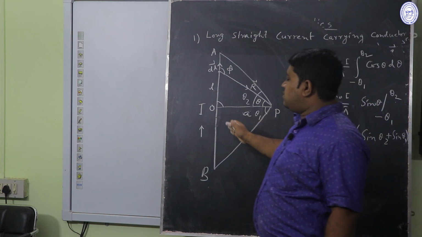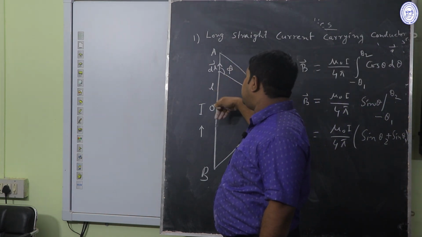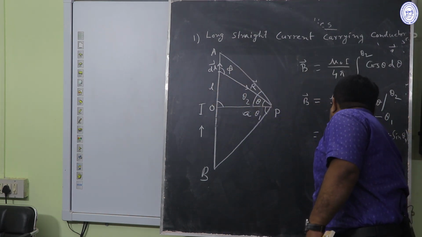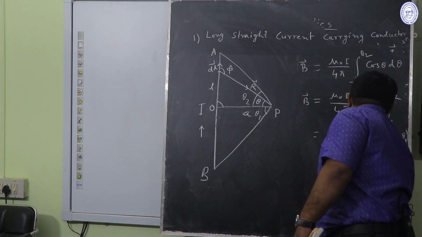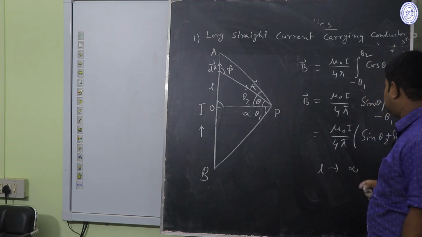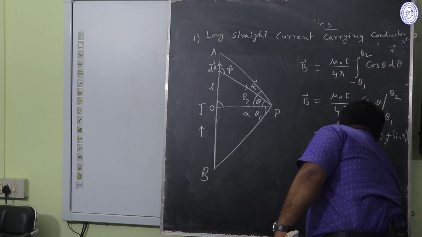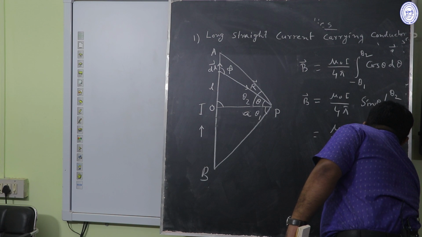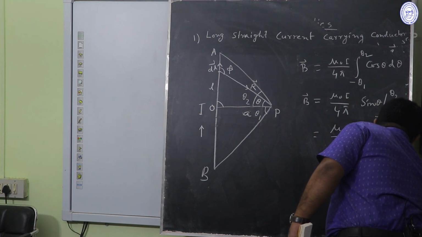If the length of the conductor is infinite, if L tends to infinity, then theta 1 and theta 2 are nearly equal to pi by 2.